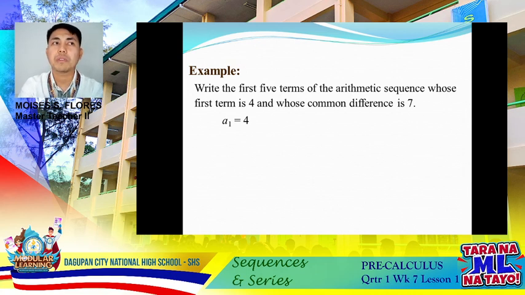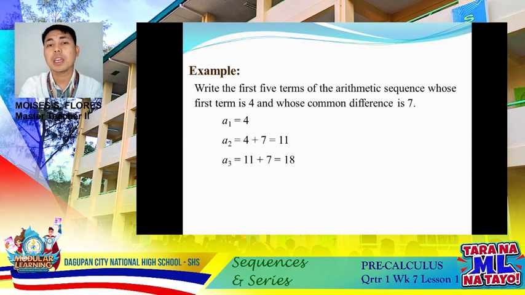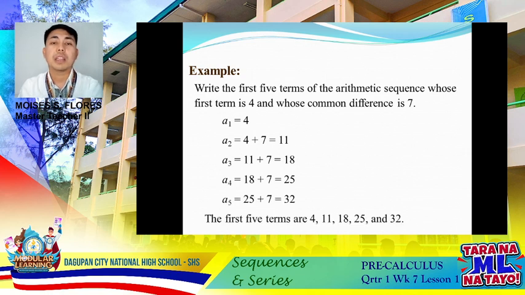For the second term, we add 7, so it is 11. From 11, add 7 again, it's 18. From 18, add 7, it's 25. From 25 plus 7, it's 32. Therefore, the first 5 terms are 4, 11, 18, 25, and 32.